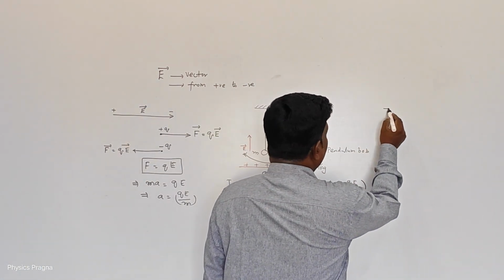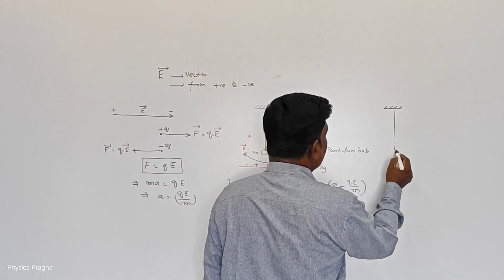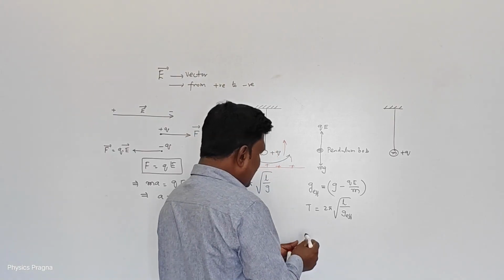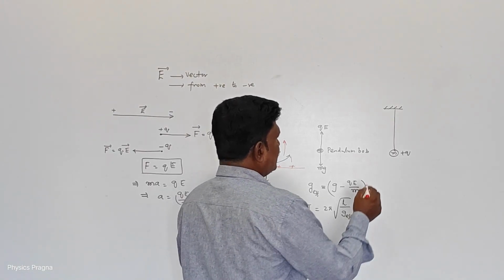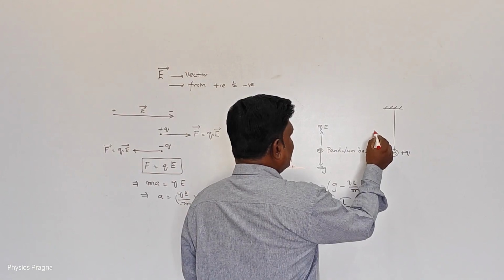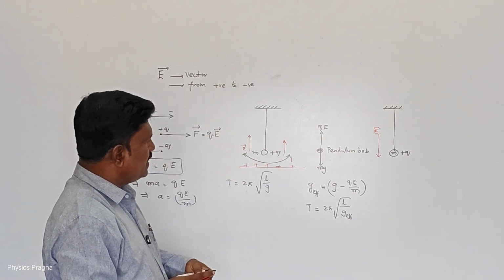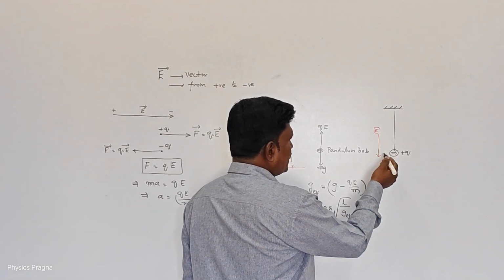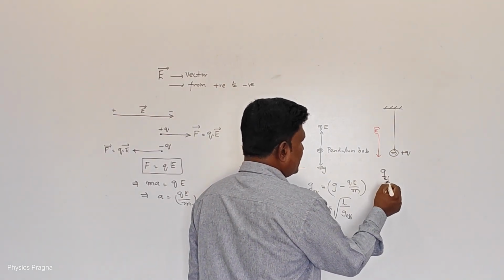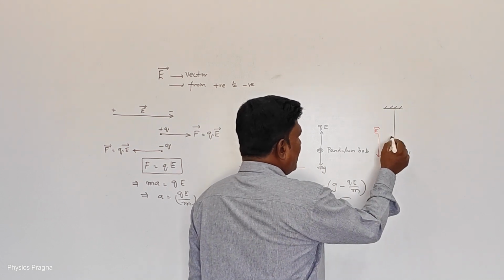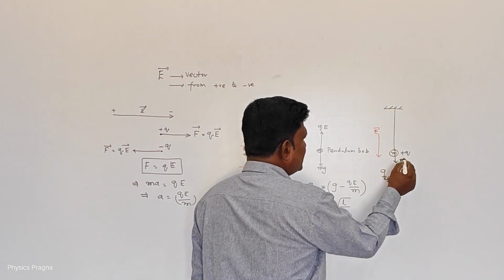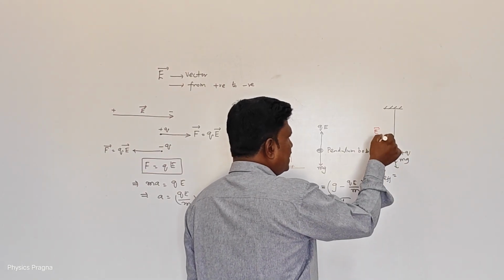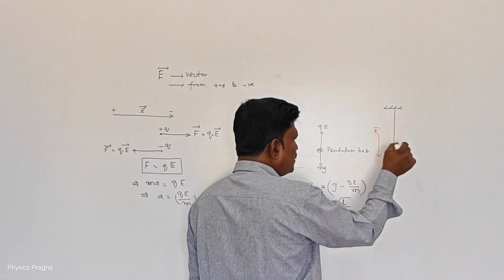If the pendulum has positive charge, mass m, and the electric field direction is in this direction, then what happens to the effective acceleration due to gravity? g effective is equal to, see, in this direction mg is there, and in the same direction, because it's a positive charge, the electric field applies force in the same direction as the electric field.